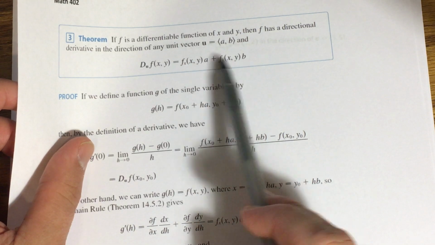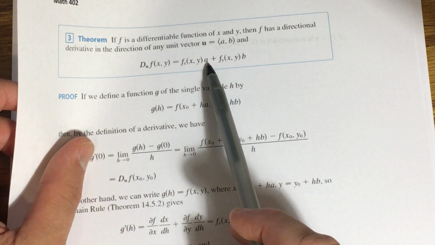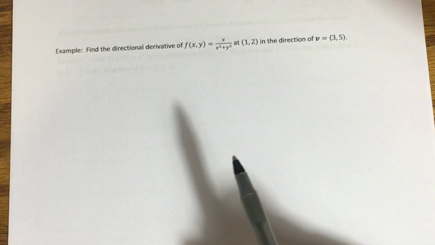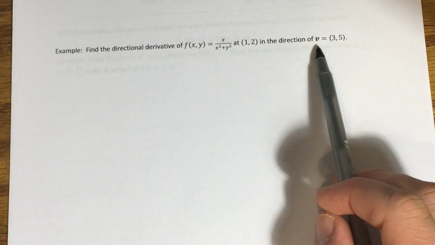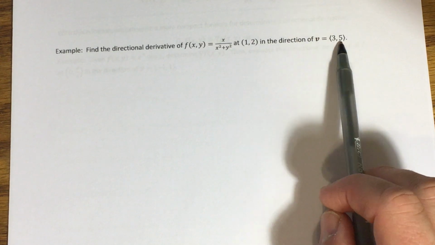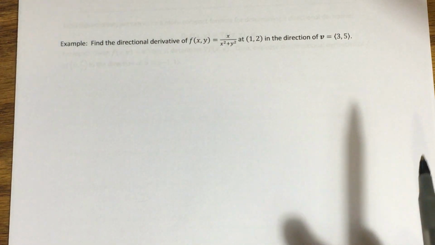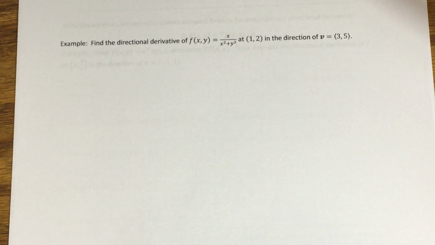Okay, so what I'm doing is I'm using this original formula up here, where I need fx and fy at my point, and then I need the components of the unit vector that we're using for our direction. Now, before anything else, notice v here is not a unit vector. It's a vector. It gives us direction just fine, but it's not a unit vector. And if it's not a unit vector, then the formula that we just looked at is not going to work.